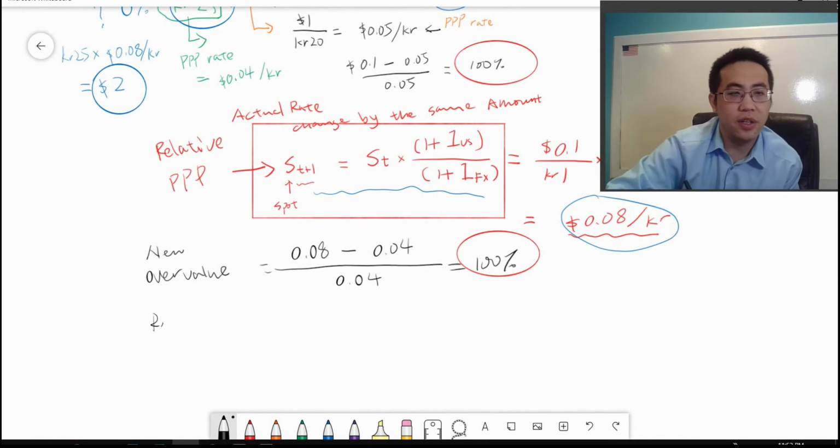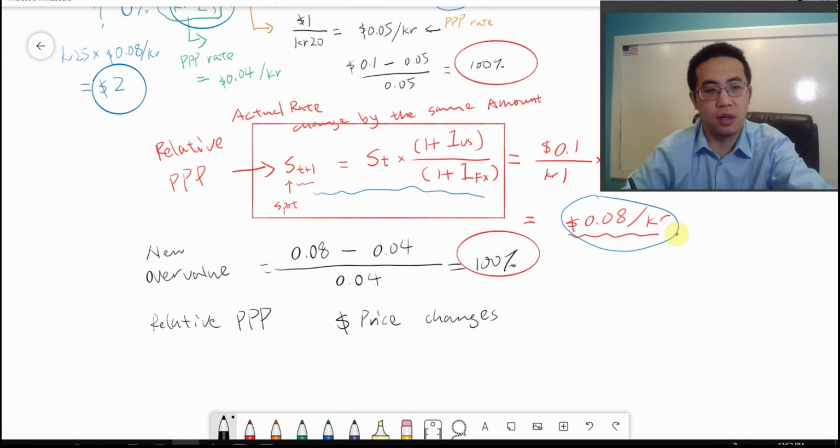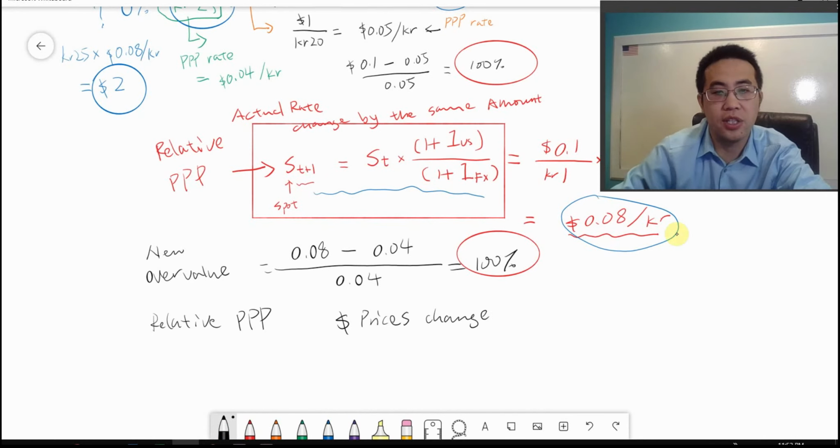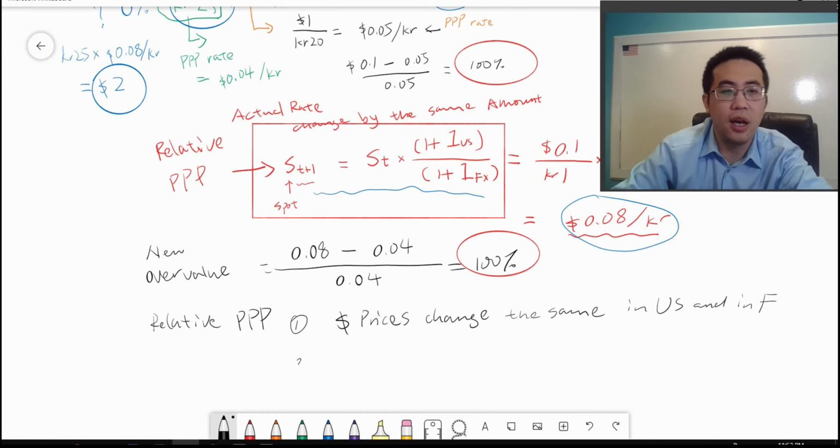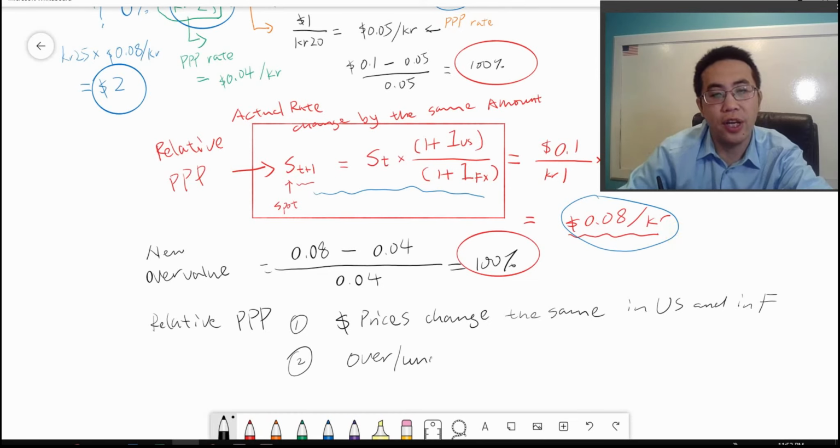So under the relative form of PPP, the dollar prices change the same in two countries, in the US and in a foreign country. All right, that's number one. Number two, the amount of over or undervaluation remains the same.